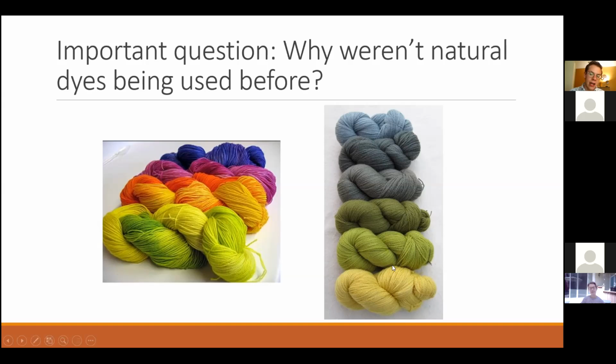This on the right has been dyed with natural dye. And the reason that industry doesn't like using natural dye, again, is because besides having to extract it, they probably could find a way to synthesize it, but they don't want to just extract it.